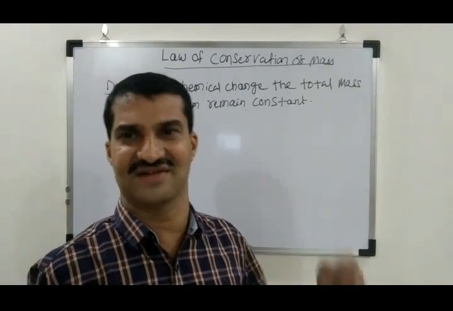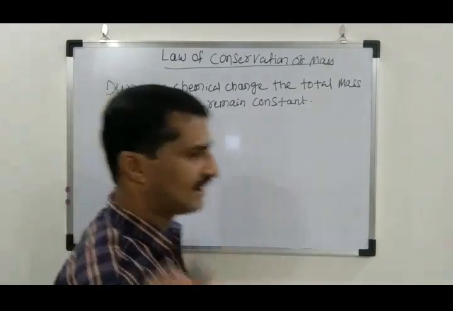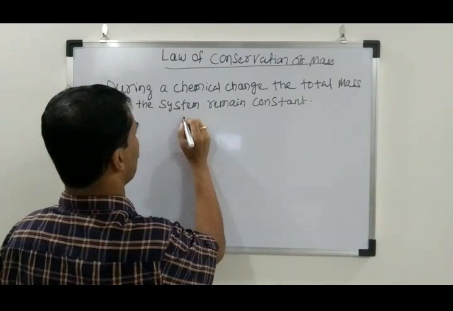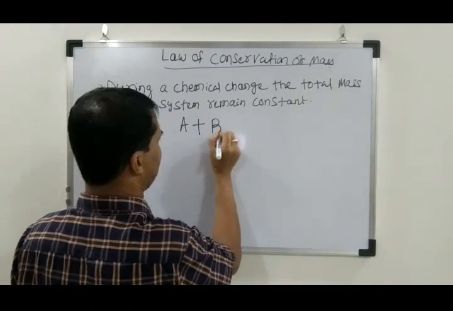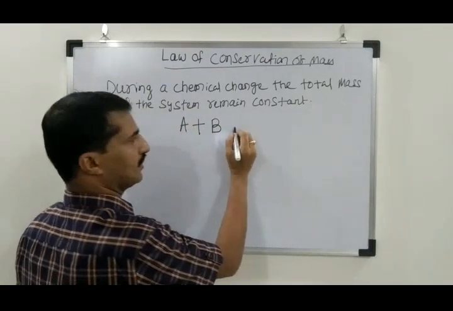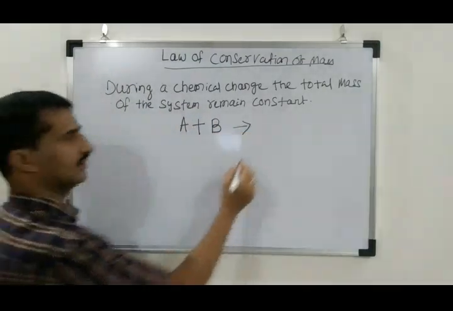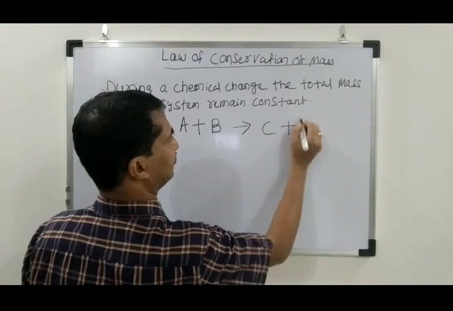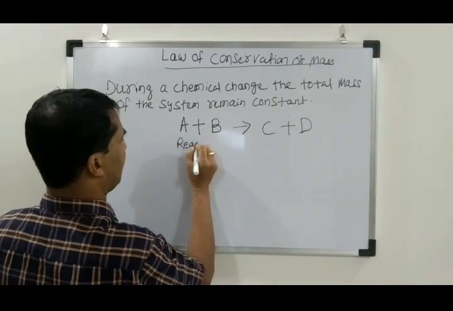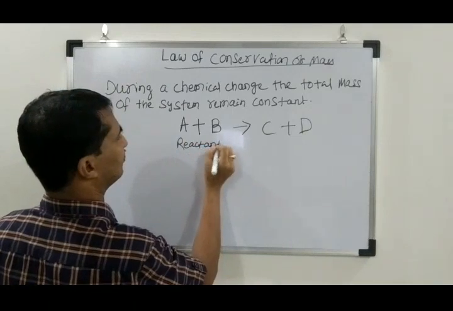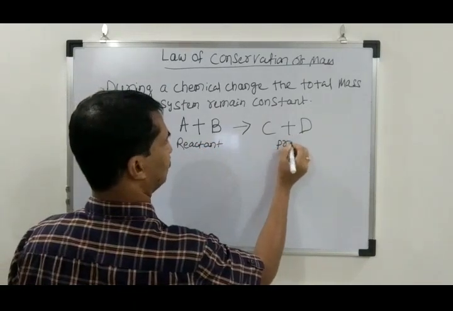If I give an example here, let us say there are 2 atoms, A and B, combined here to produce C plus D. That means this is the reactant, this is the product.